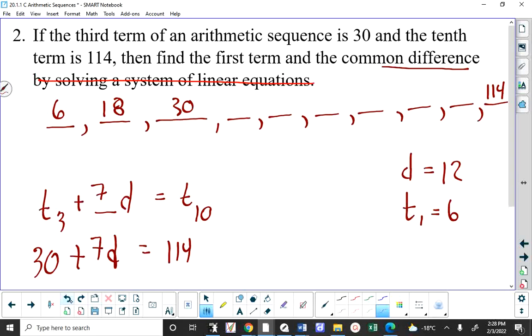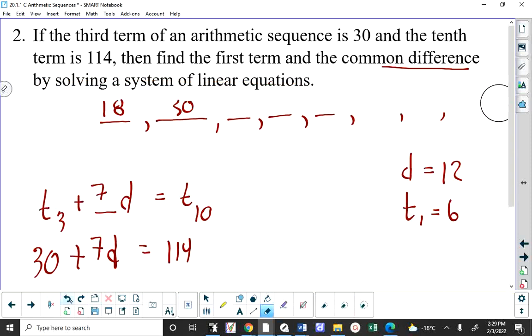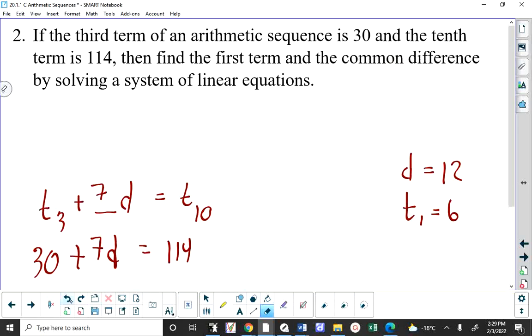Okay. So this is how you would solve this problem on, say, the quiz tomorrow. And I might give you this information, and instead of saying find the common difference and the first term, I might say what's the 7th term. But you could figure it out once you knew the common difference. So we're okay with that?